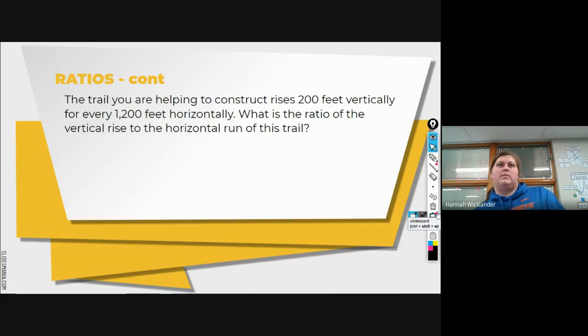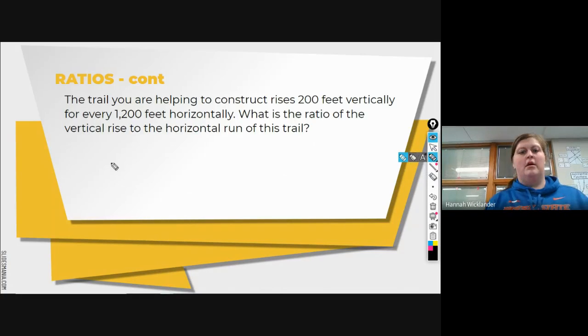Okay, this one is what your homework would look like. The trail you're helping to construct rises 200 feet vertically for every 1,200 feet horizontally. What is the ratio of vertical rise to horizontal run? So vertical on top and horizontal on bottom.